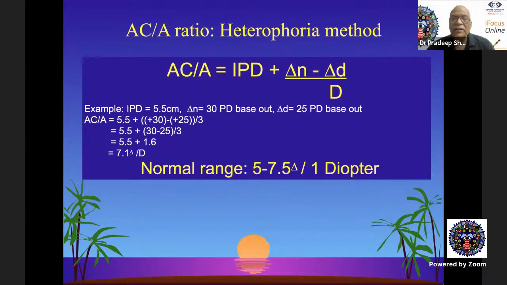When we have to measure the AC/A ratio, we had talked about this in one of the earlier talks, that you can do it by either the heterophoria method, that means you measure the deviations for distance fixation at 6 meters and for near at 33 centimeters, and we use the IPD because that will be the convergence that he will have to in addition do, and that will be used in our calculation, a 5.5 IPD with the deviation that you measure for distance and for near, and that will give you how much is the AC/A ratio.